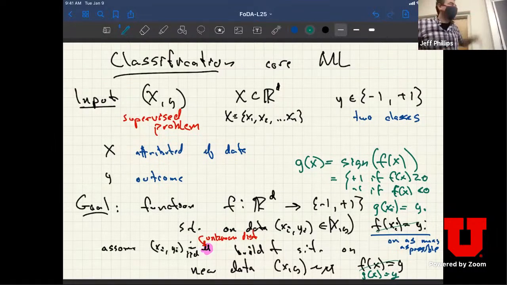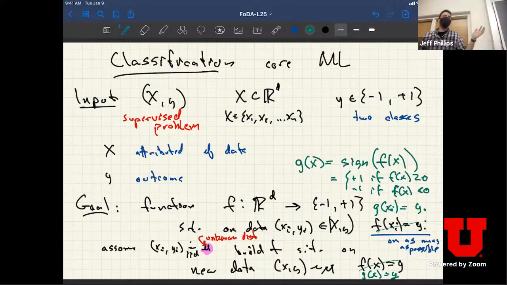So if it's greater than 0, I say it gives me a prediction of +1. If it's less than 0, it gives me a prediction of -1. So there's this really big transition at 0 here. Because I have 2 classes, that's my goal, this is what I need to do.